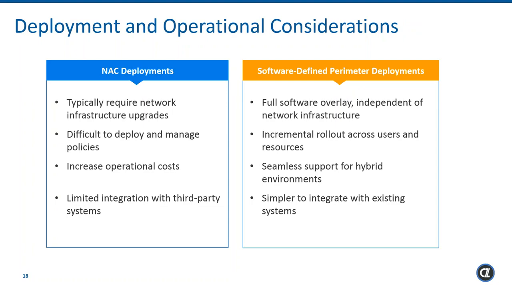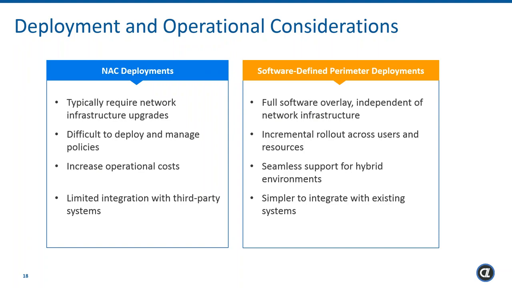This has been consistent for probably 10-plus years because it's based on the 802.1X standard, and that standard needs to be supported by the network infrastructure, whether it's network hardware gear or a software layer on top of that. It often requires upgrades and a consistent level of hardware support for that standard across the network. It makes it expensive and difficult to roll out and manage these policies because they're managed and enforced at the network layer.